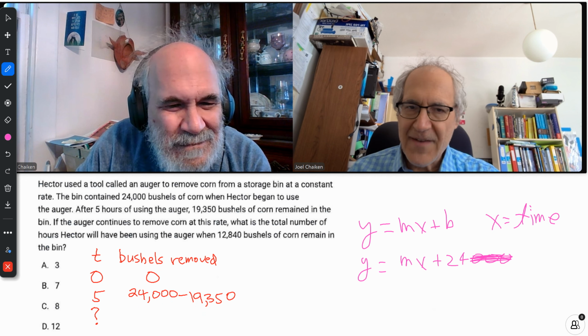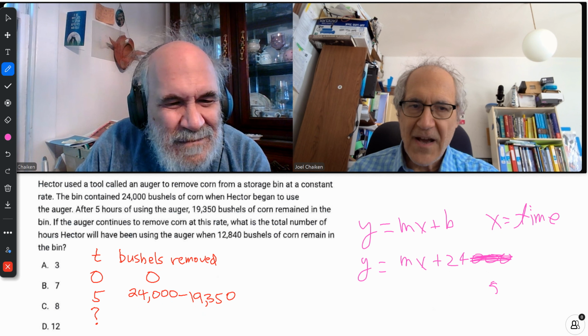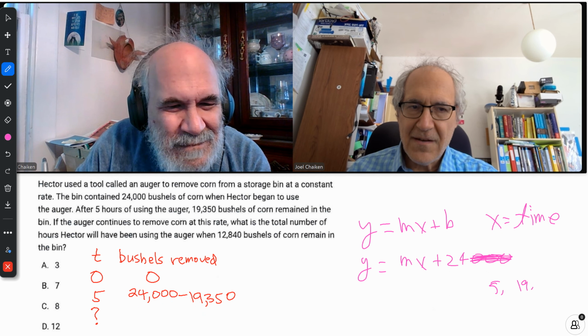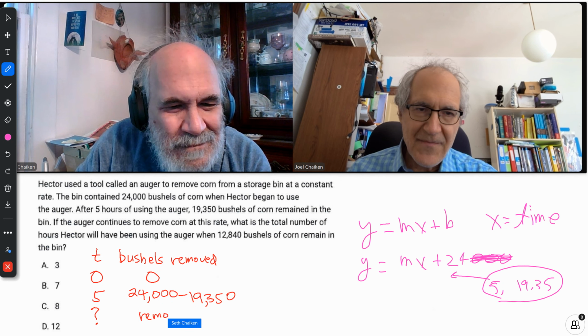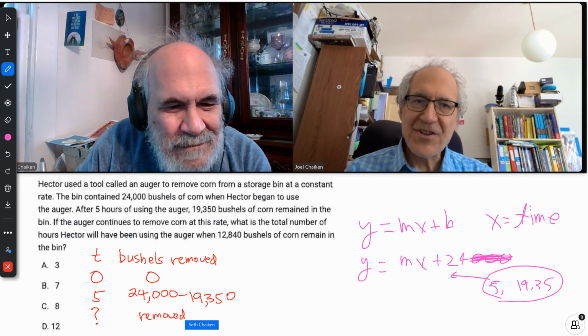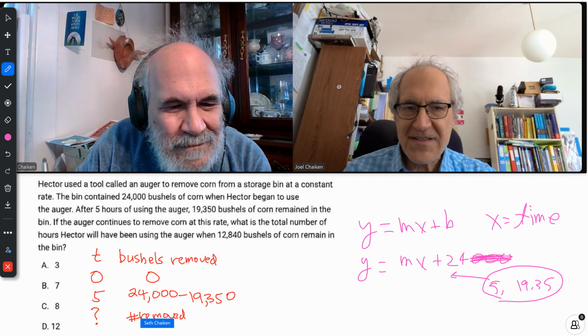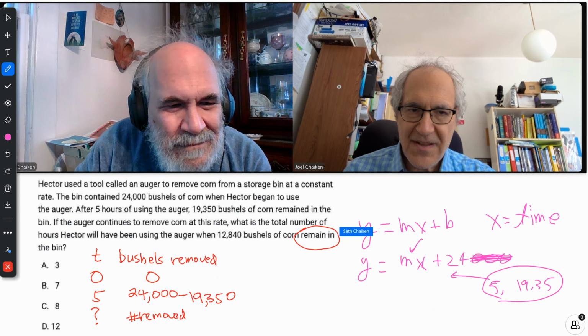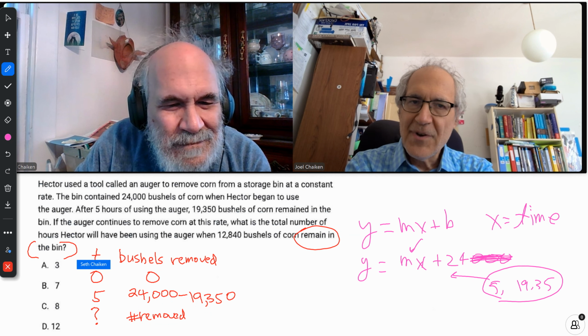Now, after 5 hours, 19.35 is the point that this equation has to satisfy. Oh, that's a cute way of doing it, actually. We can consider the m the unknown and calculate the slope using this. We don't usually do that.